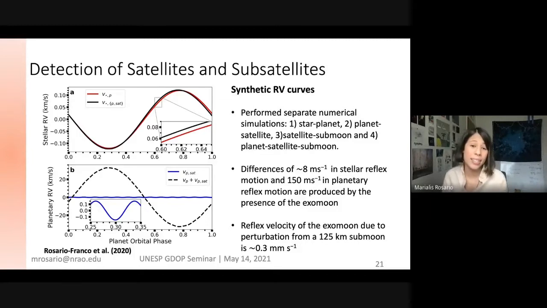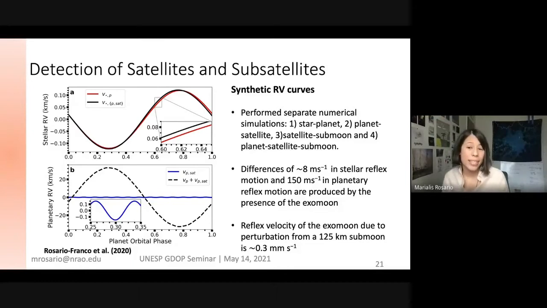And what we can see is that there is definitely a difference. And we can tell that there is a presence of a moon there. It is measurable, it is small, but it is measurable. Now at the bottom, we address the planetary reflex motion with the presence of just the satellite.